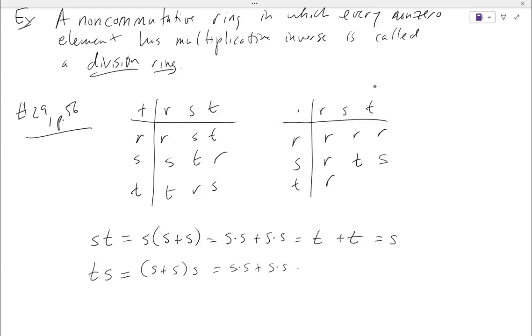But I end up with the same answer. Is that okay with what we're doing? So far, so good. All right, so now the last product we need to do is T times T.